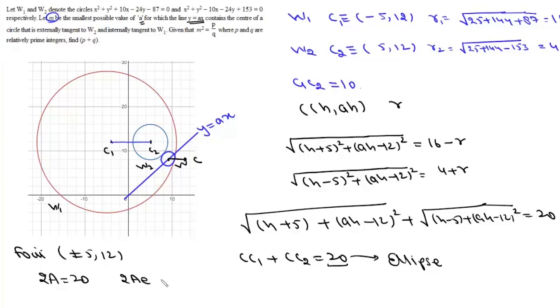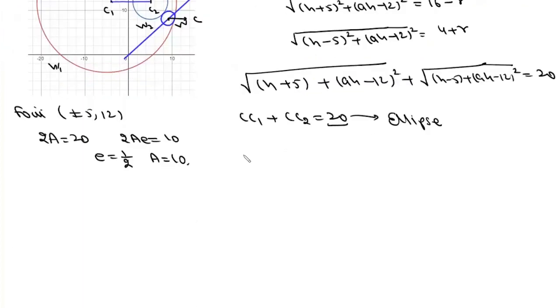So 2ae is 10. From here we'll get the value of e as 1 by 2 and the value of a as 10. And b square is a square into 1 minus e square, which is 100 into 1 minus 1 by 4, and that should be 75.